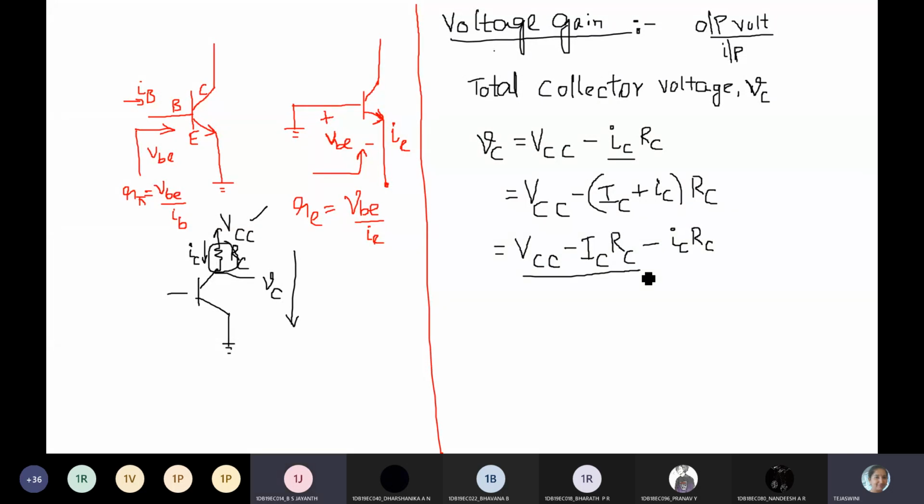What collector DC voltage is it? DC component, or I can say it is a DC collector voltage, capital VC. Am I correct? Signal will be as it is, small IC into RC. Do you have any doubt in the expression? You can ask me.